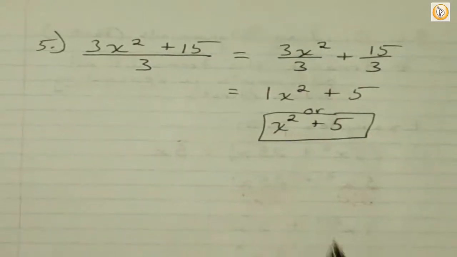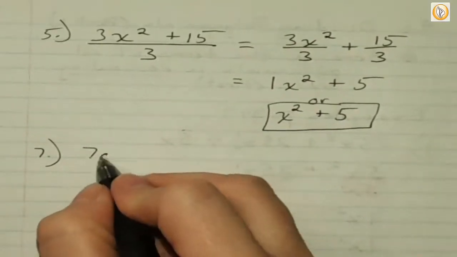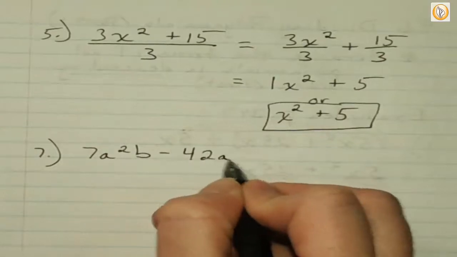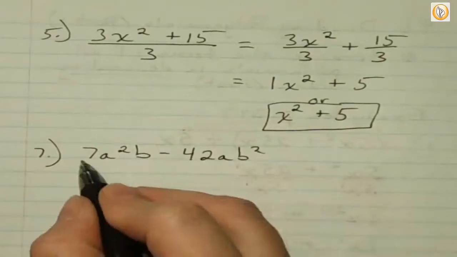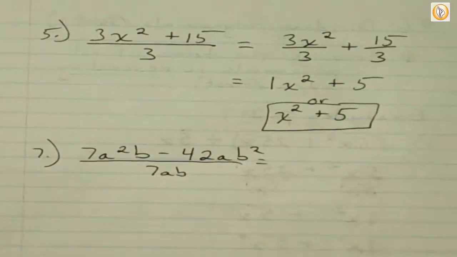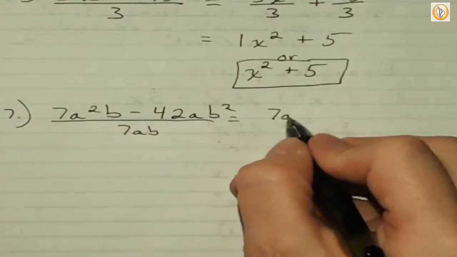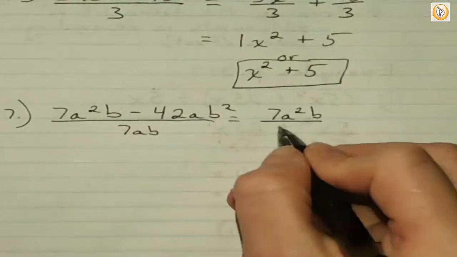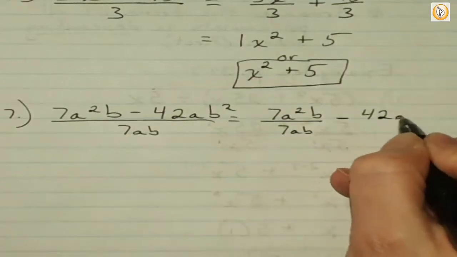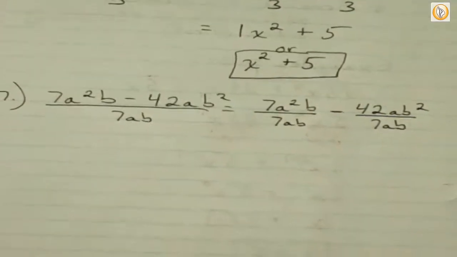All right, Taylor. Number 7. 7a squared b minus 42ab squared all over 7ab. Step 1, you break it up. So I'm putting 7ab under each term. Good.